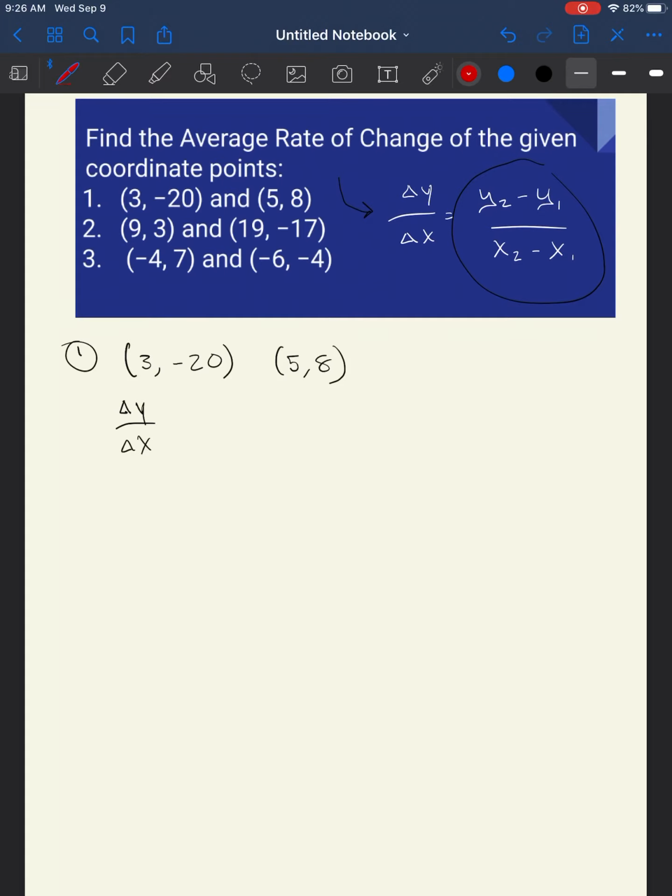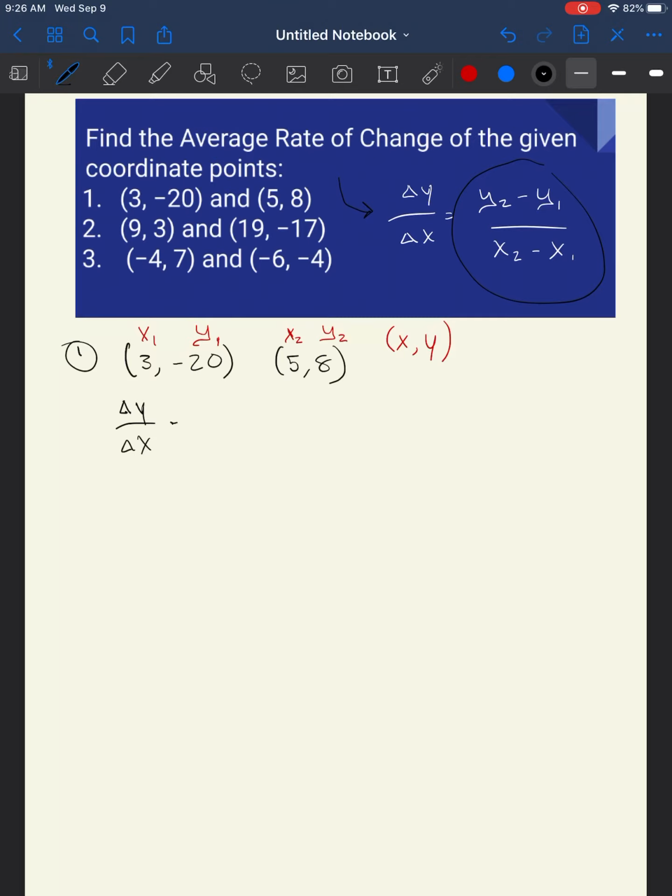And that comes pretty easily because hopefully we remember that every coordinate pair is an x and a y. So if I have my first point here, 3, -20, I'm going to say this is my first x, x1, and this is my first y, y1. And over here, this will be x2, and this will be y2. So first point, second point, x1, y1, x2, y2.